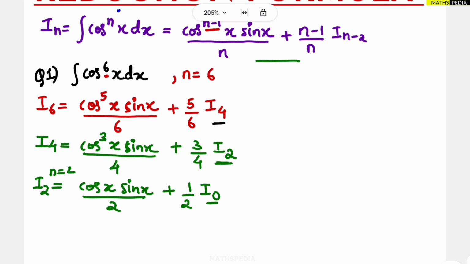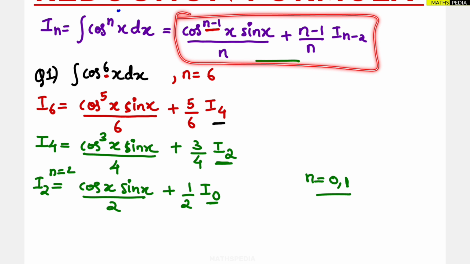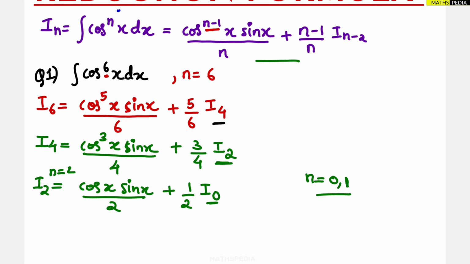Now remember one thing. Whenever you're getting n value as 0 and 1, directly you can get the answer. No need to go for the formula. Don't substitute the n value 0 and 1 in this formula, because you have a direct formula for 0 and 1. For example, here we already studied. Suppose they are asking integration of cos x. It is nothing but sin x. Directly we know. Here power 1 is there. Right? If I say cos power 0, there is no need to substitute in the reduction formula.